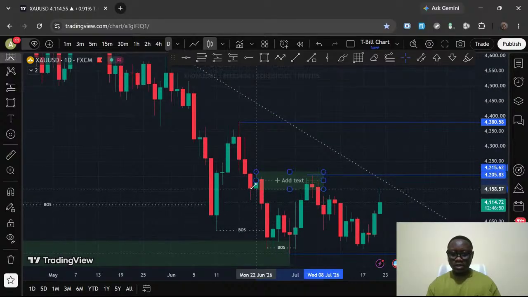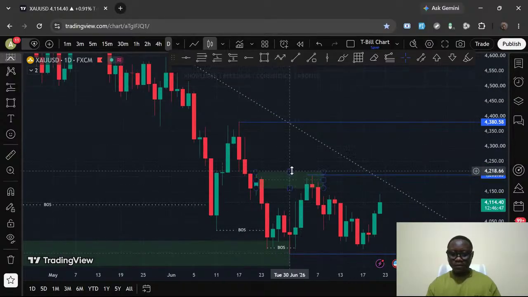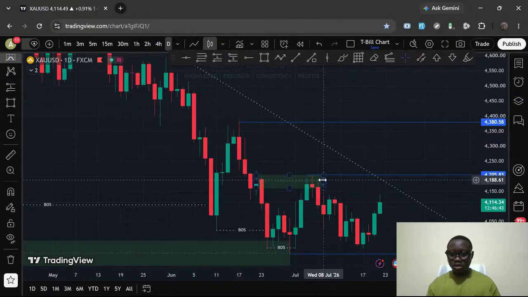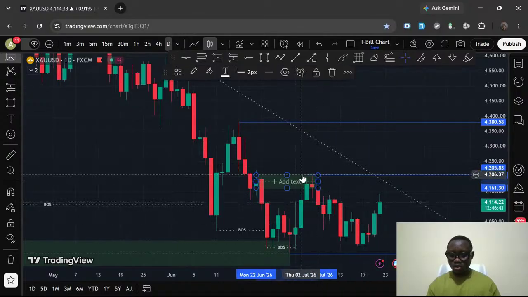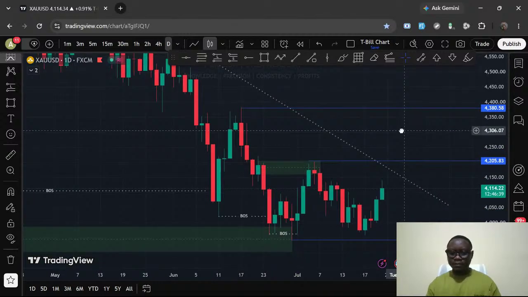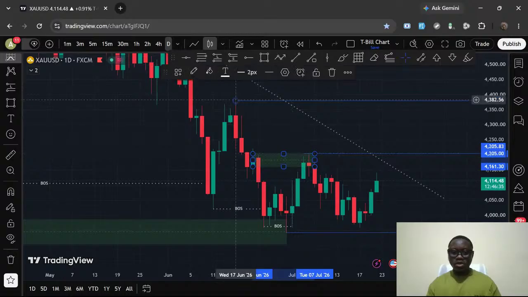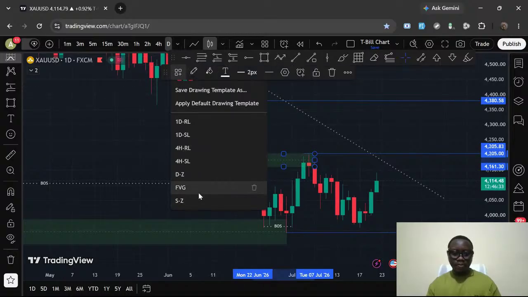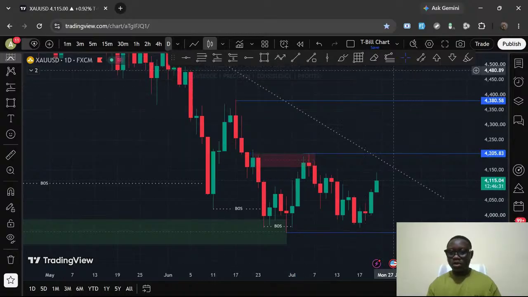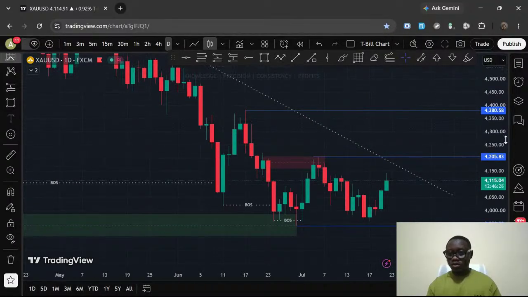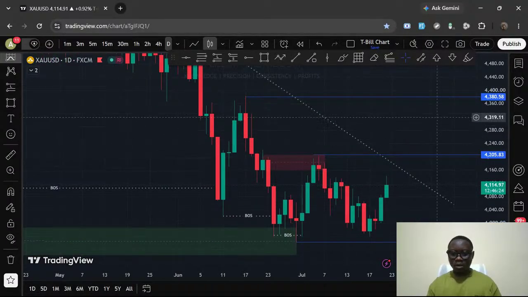So we have this order block zone right here that led to this whole bearish move to the downside. And this, of course, is our supply zone, the bearish order block zone.